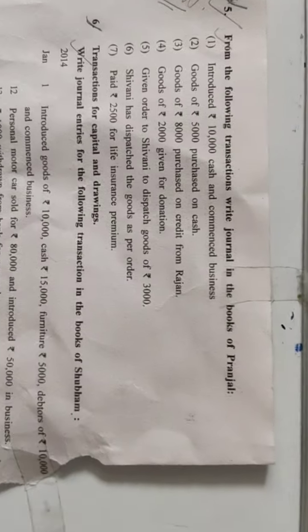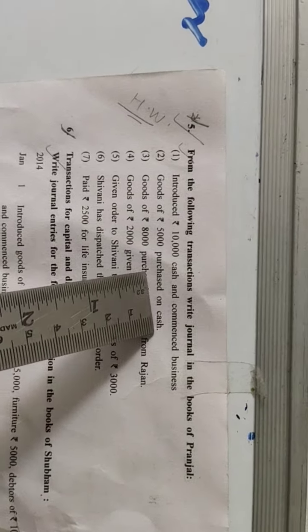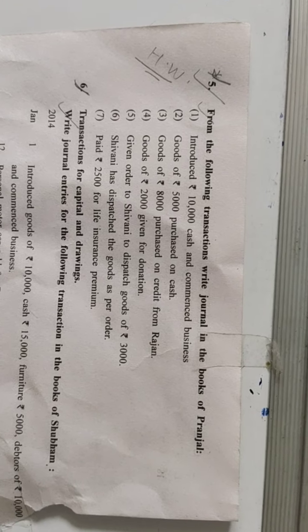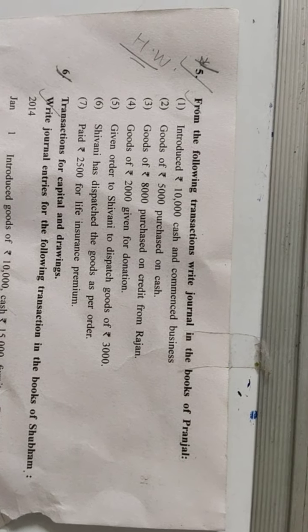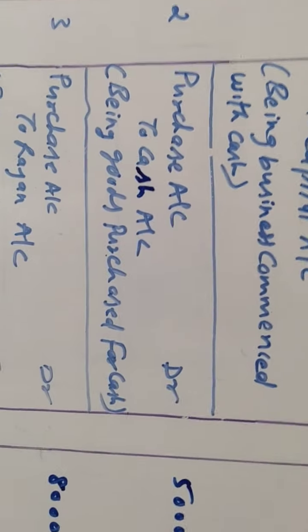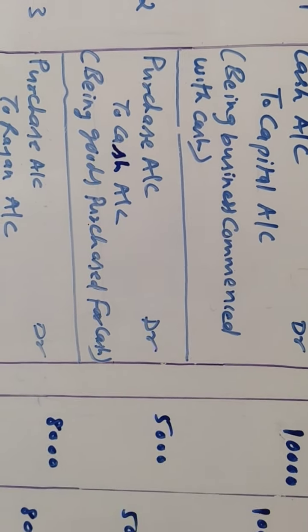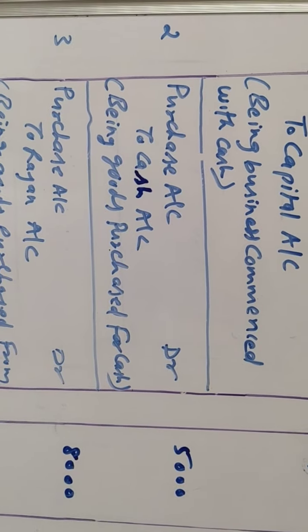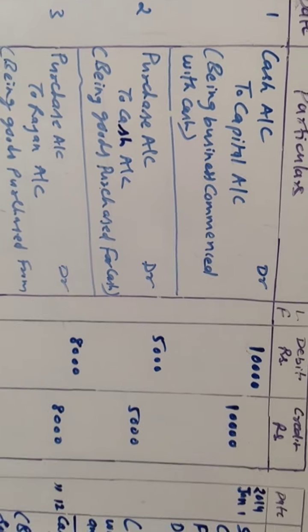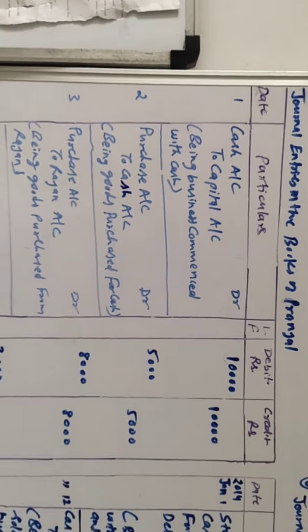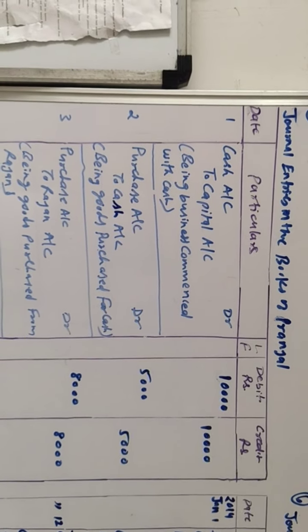So cash is going out. Cash goes out, that is a real account, cash account. Right, so cash account will be credited. Goods comes in, purchase account debit, cash goes out, cash account credit. Here the entry is transaction number 2, purchase account debit to cash account, being goods purchased for cash, and amount rupees 5,000 in the column of amount.